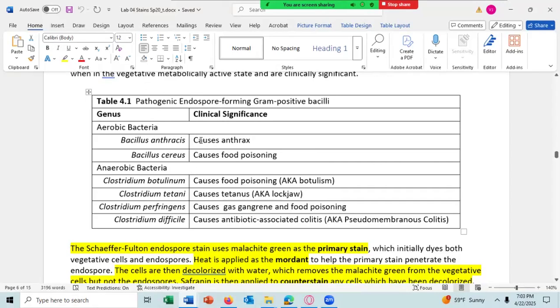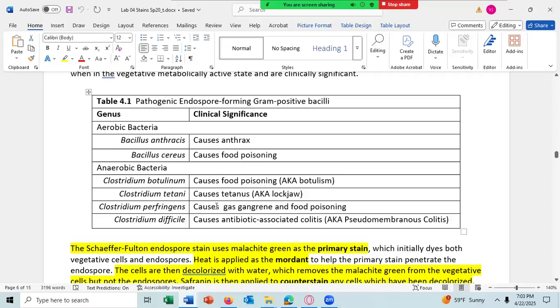Bacillus anthracis, which causes the disease anthrax, has endospores. Bacillus cereus, which causes food poisoning, has endospores. Clostridium botulinum, causing food poisoning, meaning botulism, has an endospore.